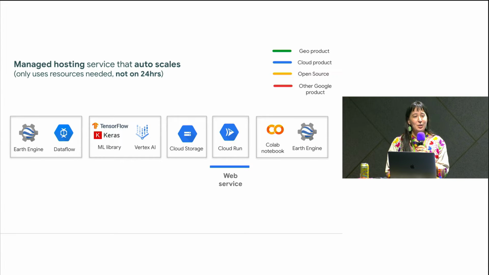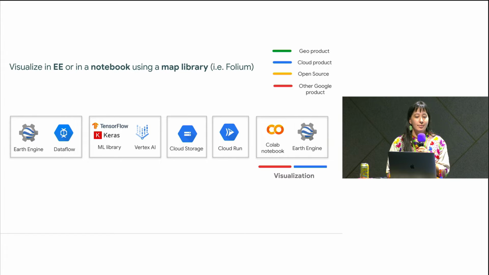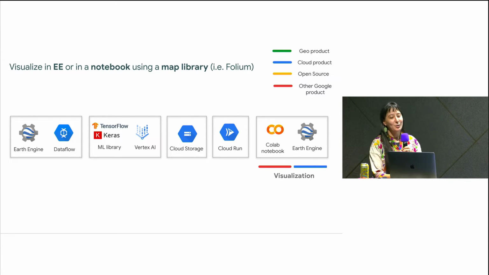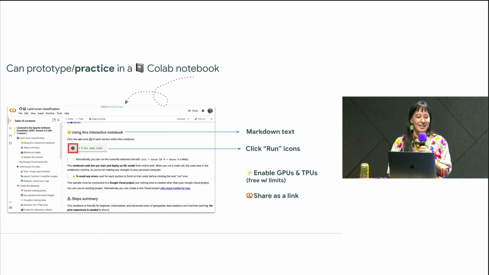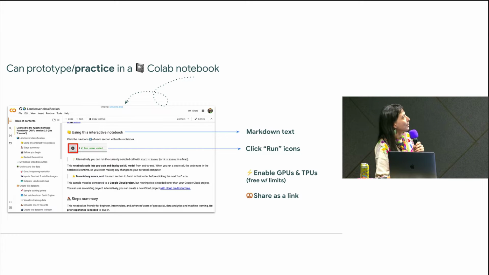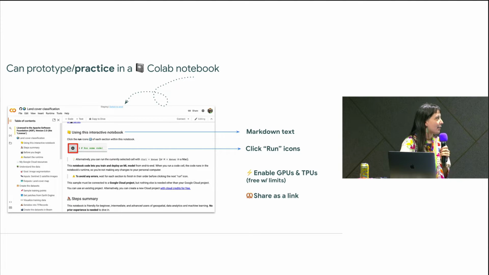They allow you to host any service, including your model. And finally, there's Earth Engine, again, to visualize your predictions, or Colab, which is a notebook created by the Google Research team, where you can use a map library called Folium, or any other type of mapping library, to visualize. And this, by the way, is just a quick screenshot in case some of you have never seen what Colab is, that notebook.